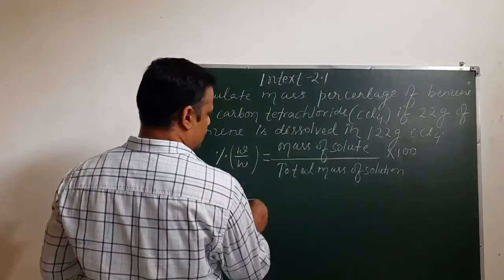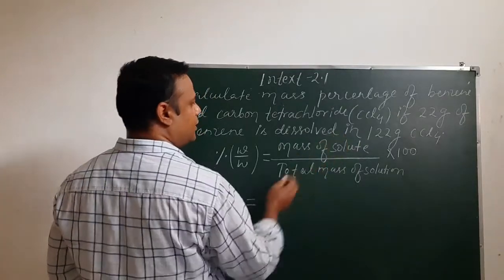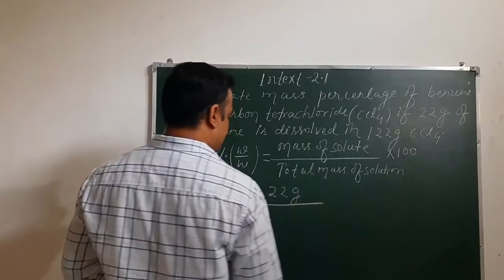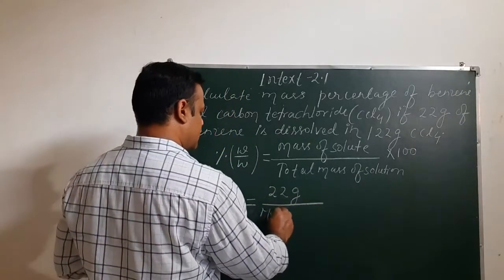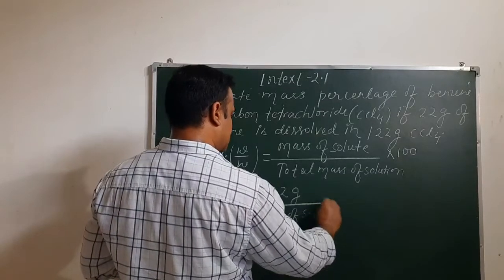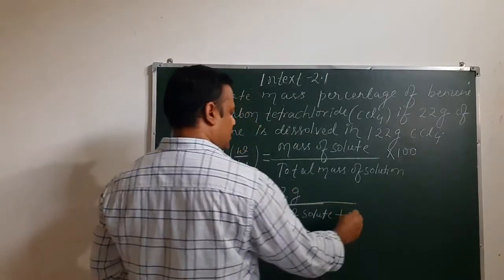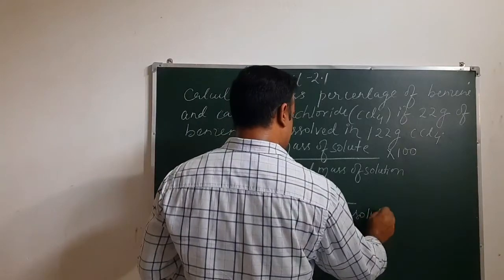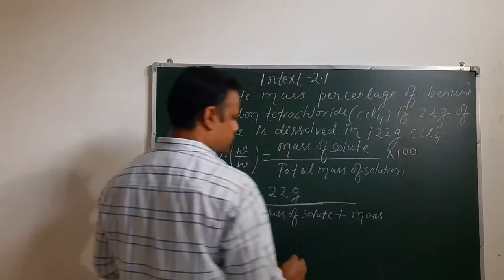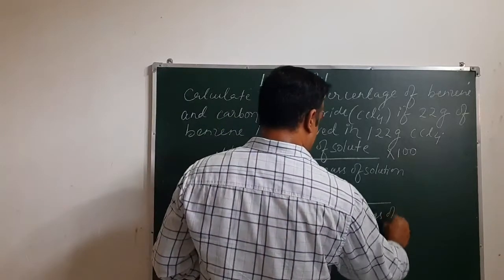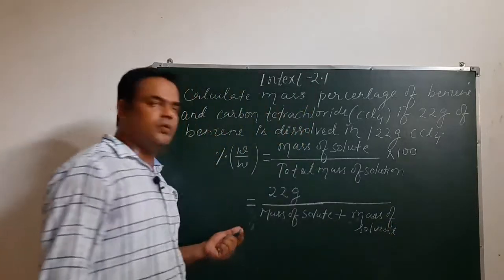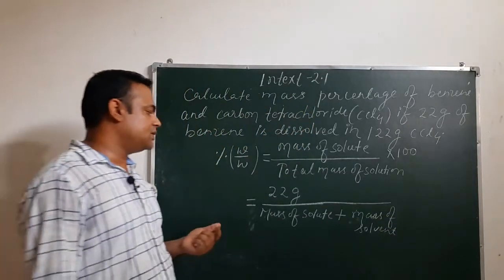Mass of solute is given, 22 gram, and total mass of solution will be mass of solute plus mass of solvent. If we add mass of solute and mass of solvent, then we'll get total mass.